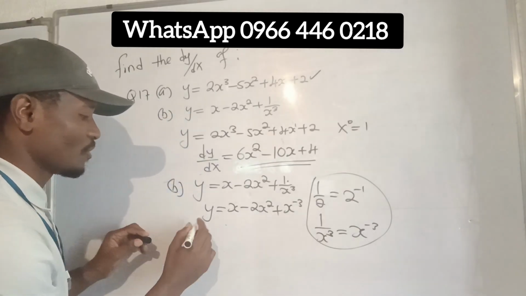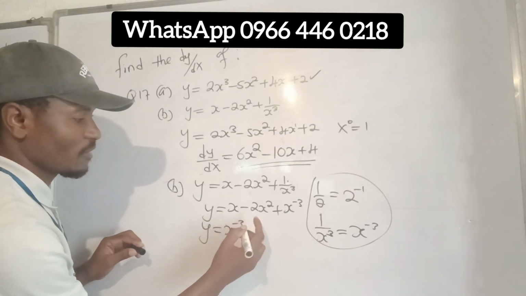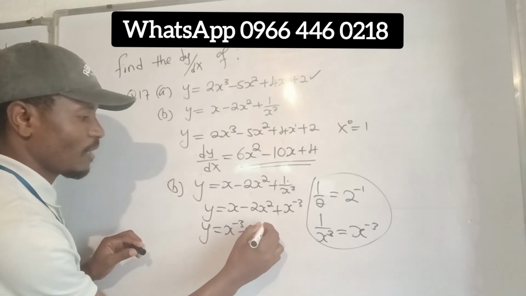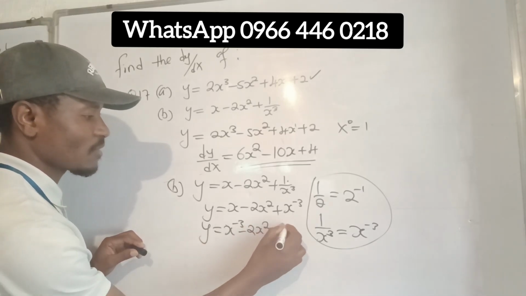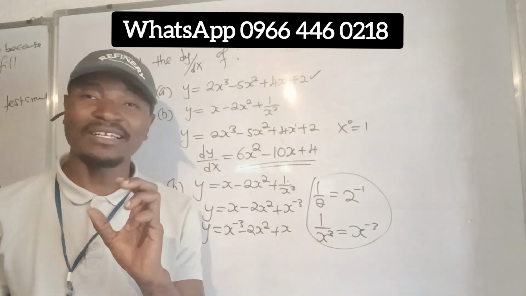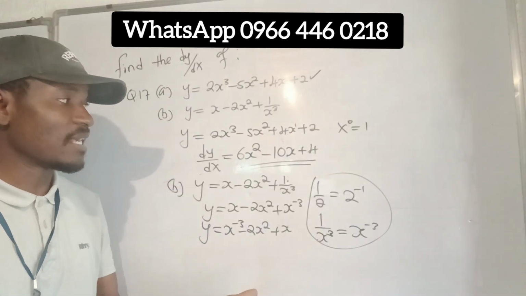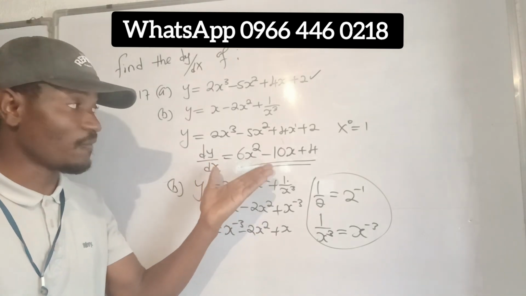So this is going to be y equals x to the power negative 3, minus 2x to the power 2, plus x. Once you do this, it becomes very easy and straightforward to do it, just like the way I did the first one.